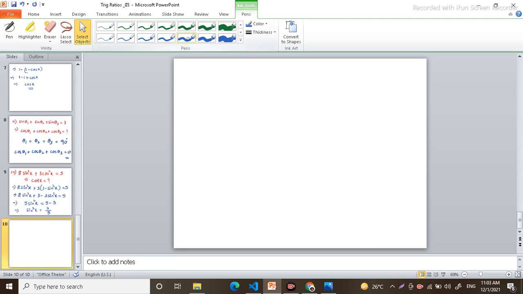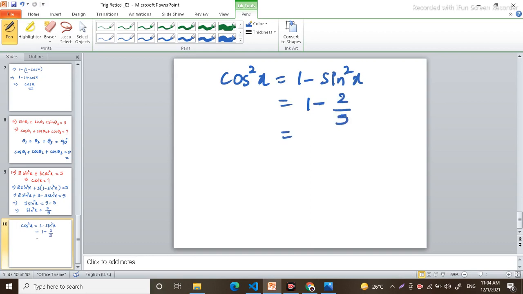We'll find the value of cos square x. Cos square x is equal to 1 minus sin square x. So what is the value? 1 minus 2 by 5. So it will become 5 minus 2, so it will be 3 by 5.